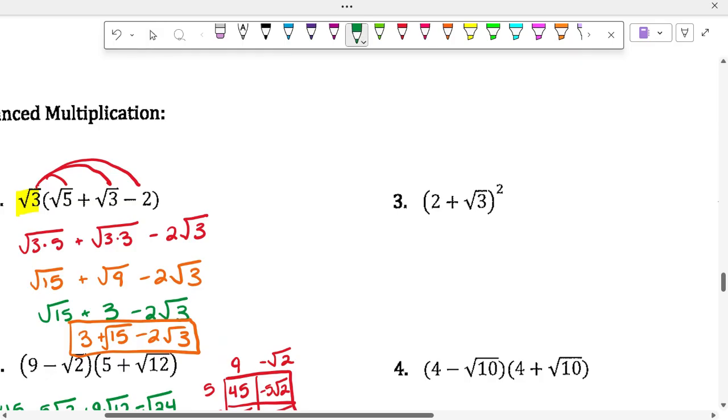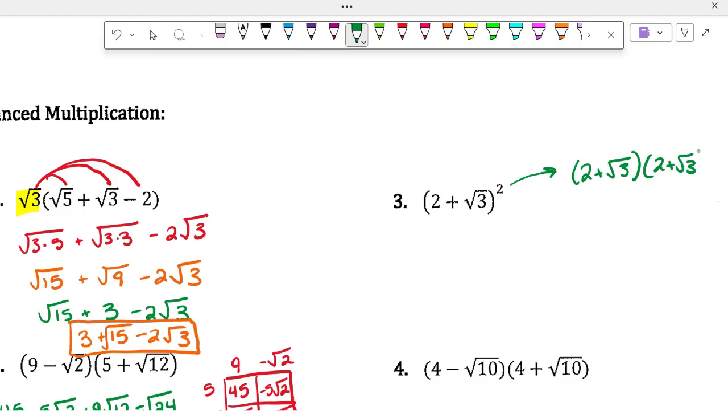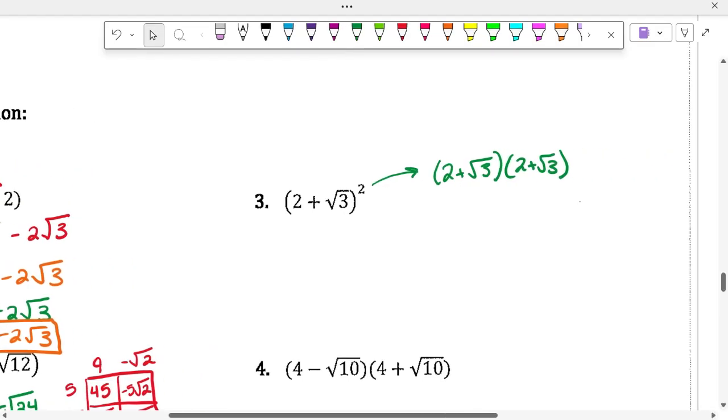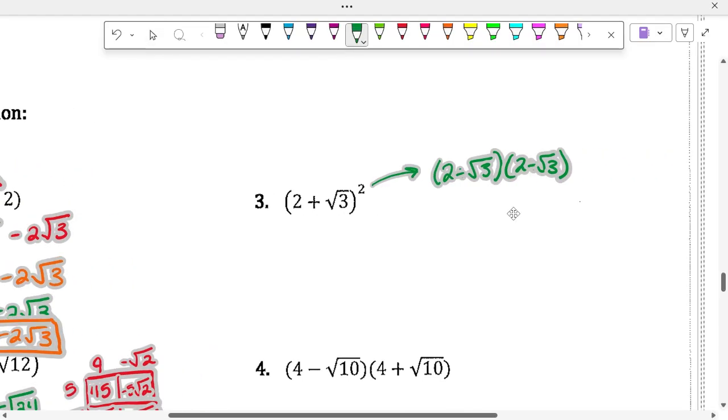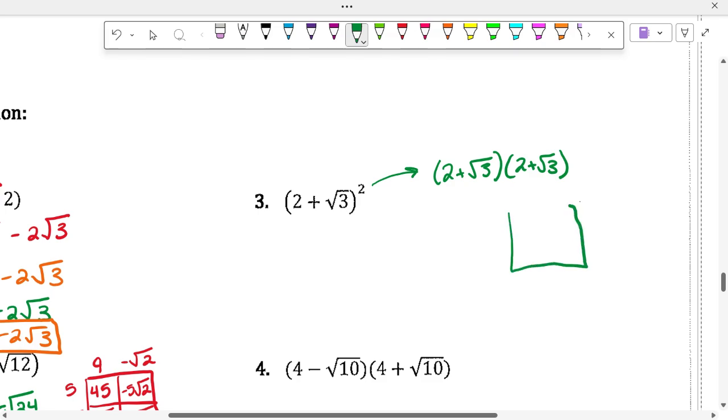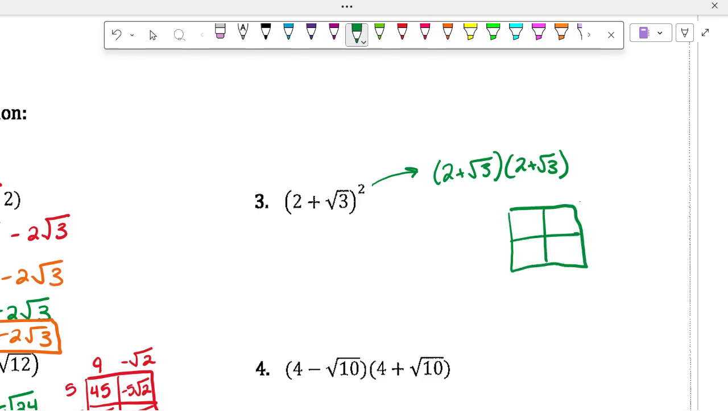Now, number 3, I did an example like this in the warm-up with that one equation. This is the same thing as doing 2 plus square root of 3 times 2 plus square root of 3. All right, so if I do a quick box, 2 plus the square root of 3, 2 plus the square root of 3.